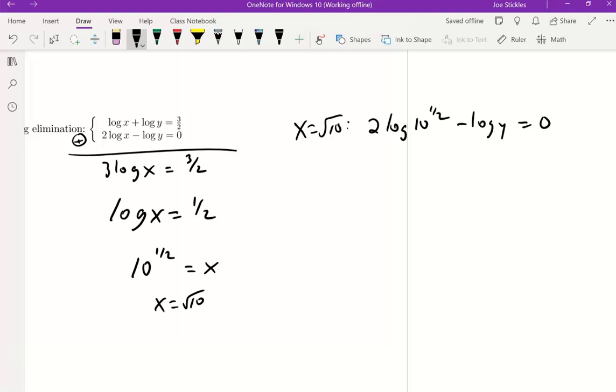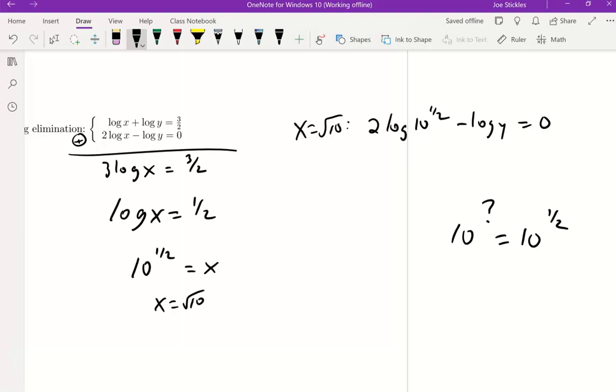Ten to what power gives you 10 to the 1/2 power? Don't overthink it. 1/2, right?